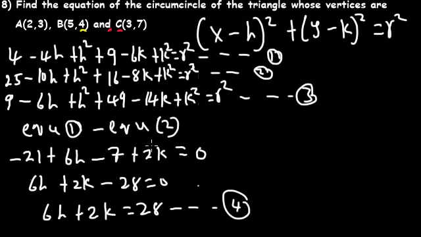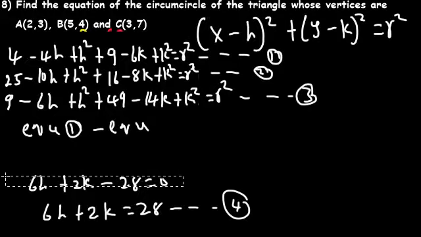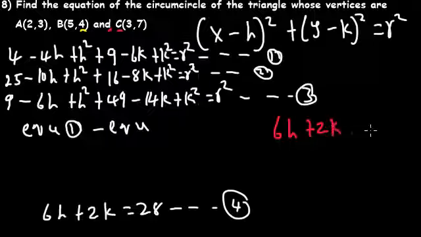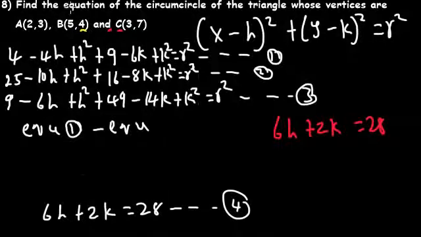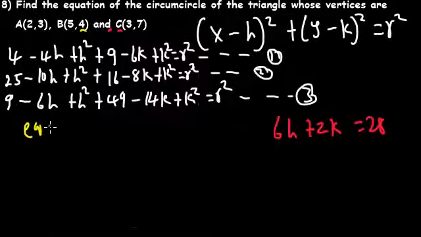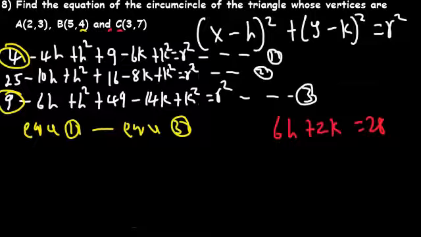Equation 4. Perfect. Now let's do the same for equation 1 and equation 3. Now equation 4, let me write this somewhere here: 6h plus 2k equals 28. So equation 1 minus equation 3. 4 minus 9 gives us negative 5.